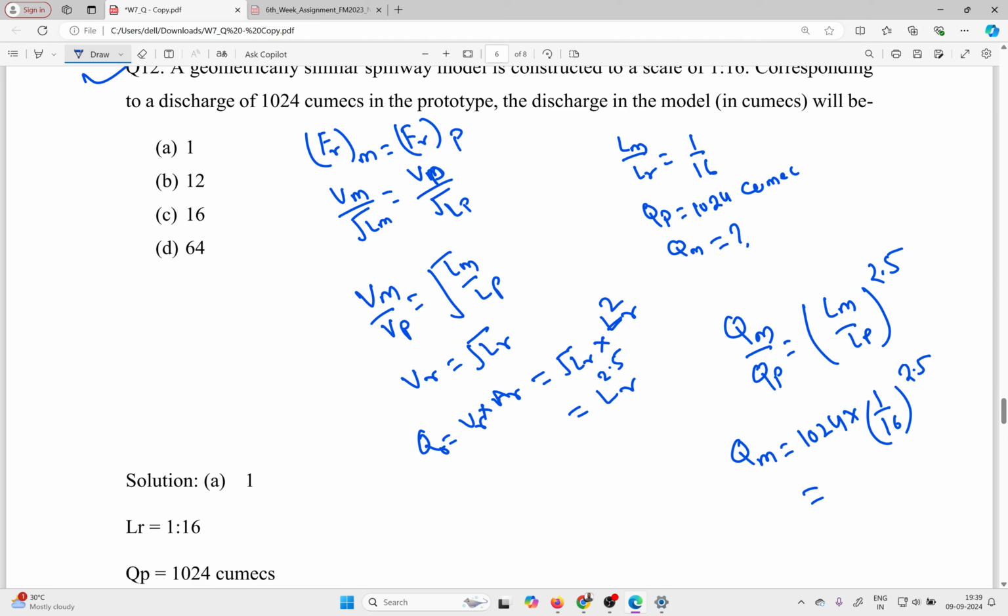When we calculate, it will come exactly 1. 1 meter cube per second, or you can write here cubic.